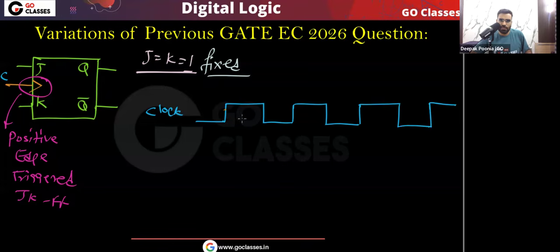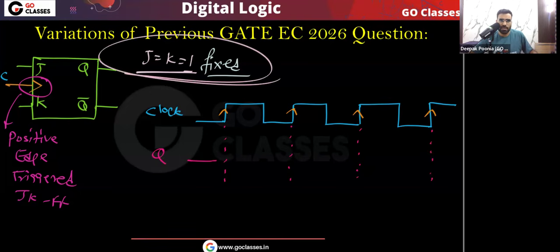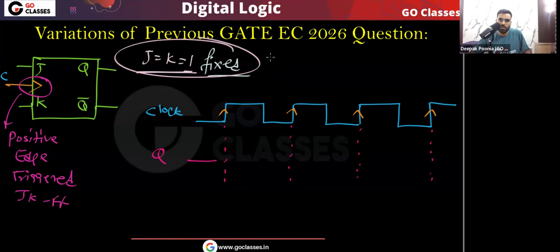Now our JK flip flop is positive edge triggered, which means at the rising edges of the clock, the flip flop will respond to the inputs. Let's assume initially the Q value was 0, that is, the flip flop is reset. Because JK equal to 1 1 is the toggle combination, the next state will always be the complement of the present state at the rising edges, because the flip flop responds to the inputs only at the rising edges.